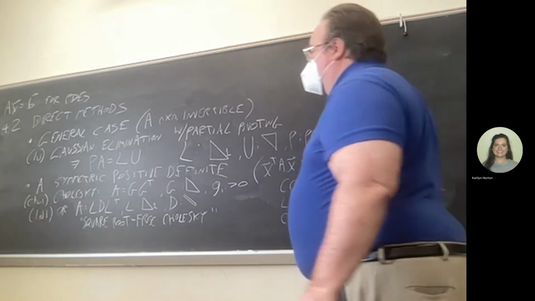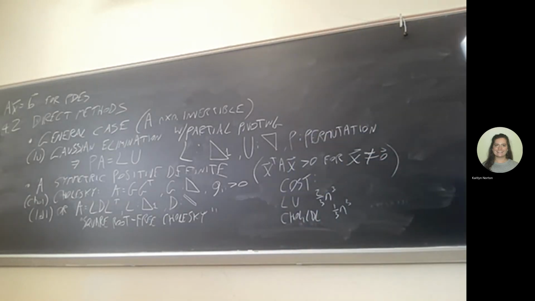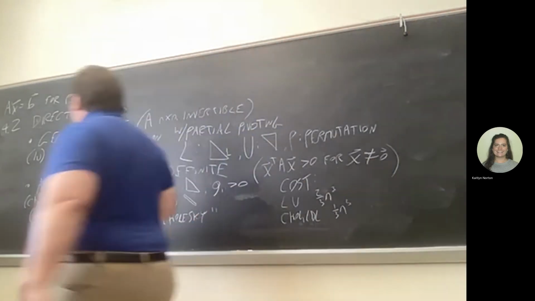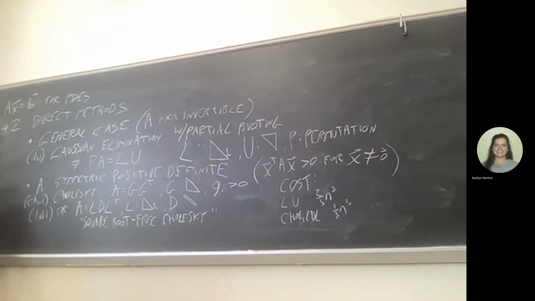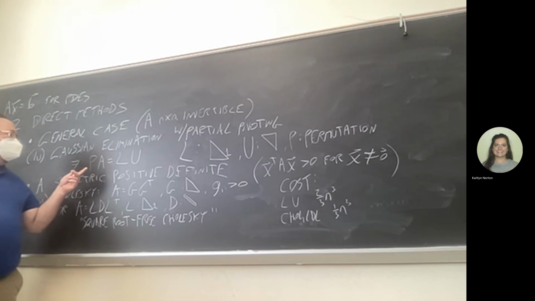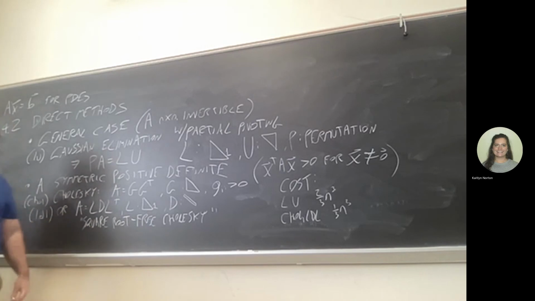And the problem is when you have sparse matrices, any of these factorizations may destroy sparsity. So A could be sparse, but if not banded, you have no guarantee that the L or U factors will be sparse, or similar factors that you have here. And that's one reason why the other category of methods are often used, iterative methods, because you don't have to deal with the situation of having a factorization wreck sparsity.